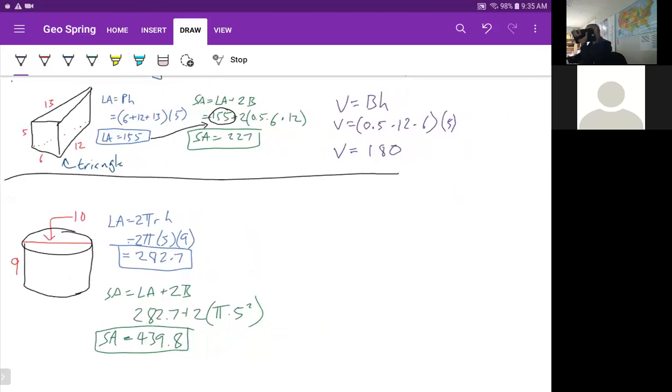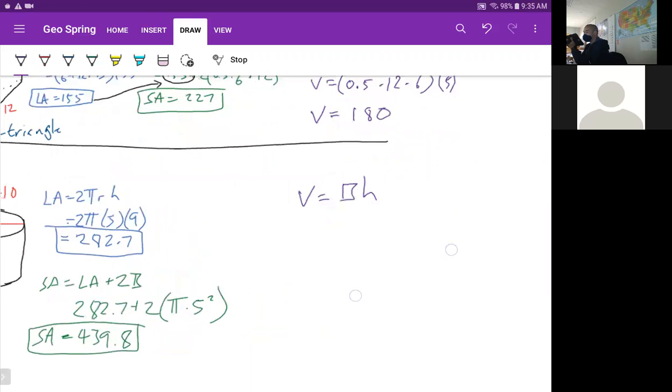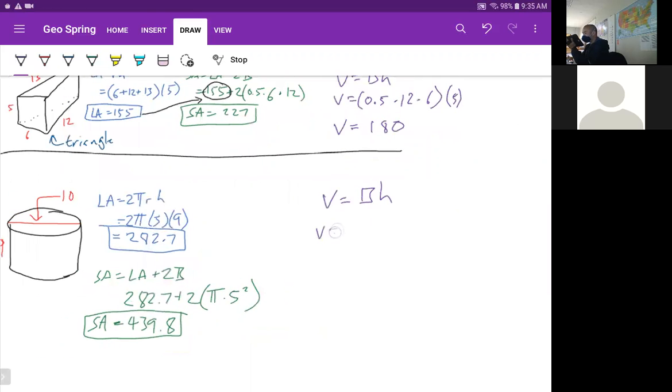Down here, this last one, and then that's it from me. I will get out of your hair, let you do what you need to do. Same formula, volume equals base times height. So this time it's volume equals 2 times pi, I'm sorry, that's not right. Pi r squared h.